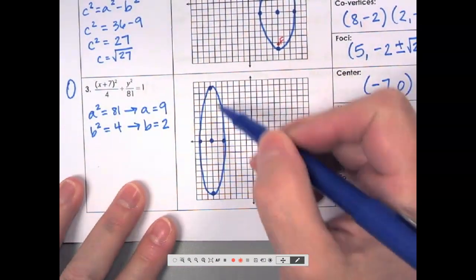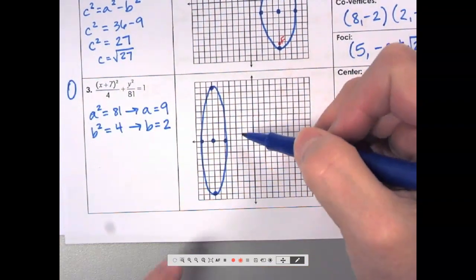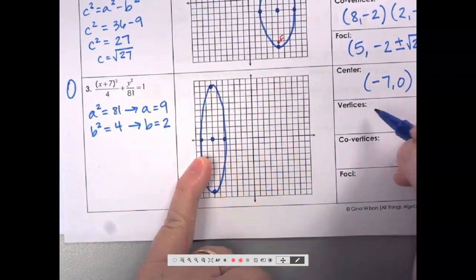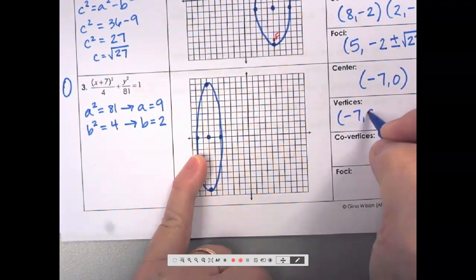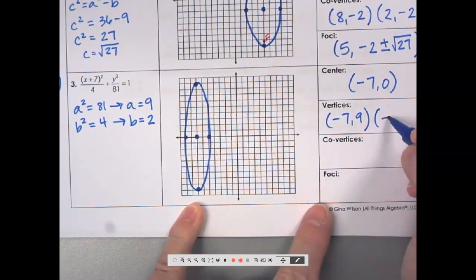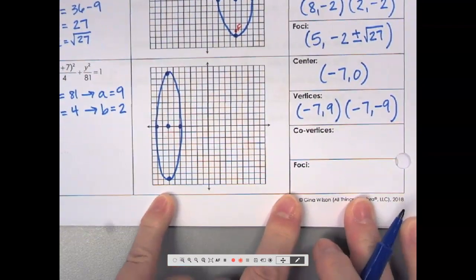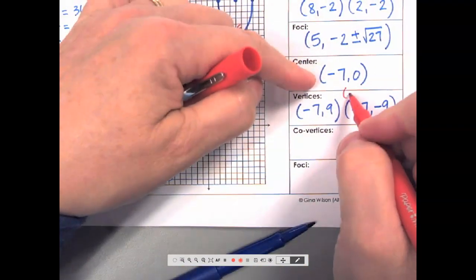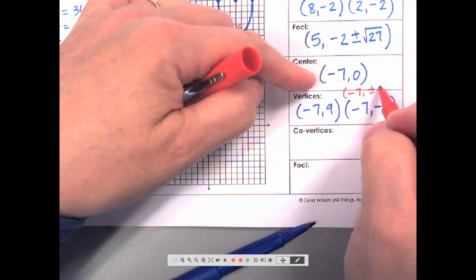Vertices are these 2 points that are farthest away. So that is -7, 9. And -7, -9. Sometimes you'll see people write it this way: -7, ±9.